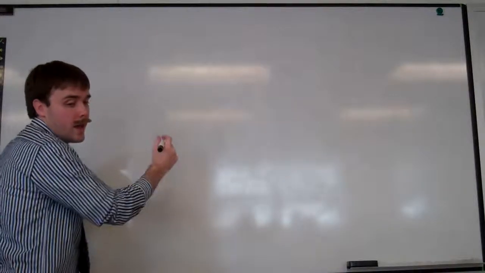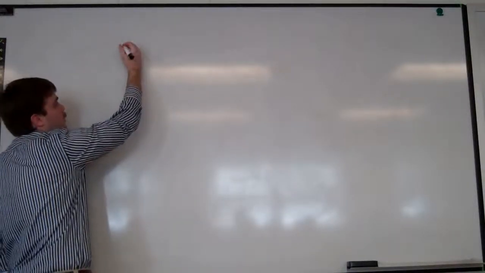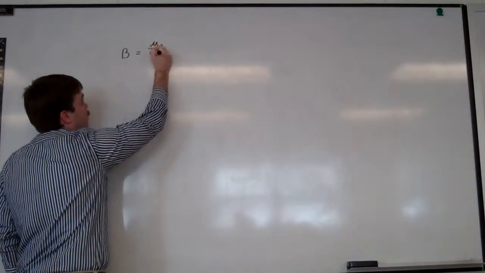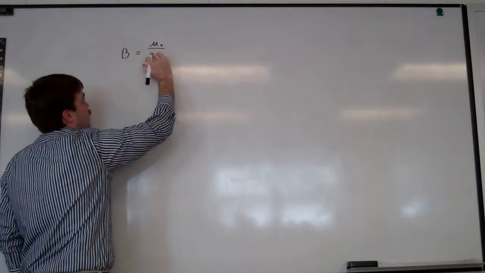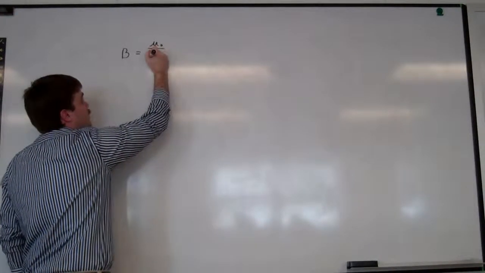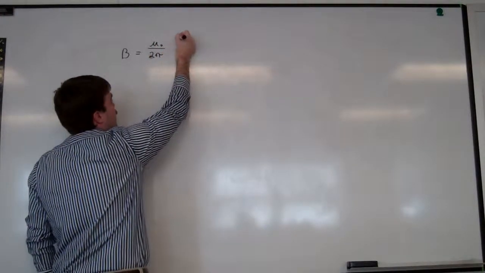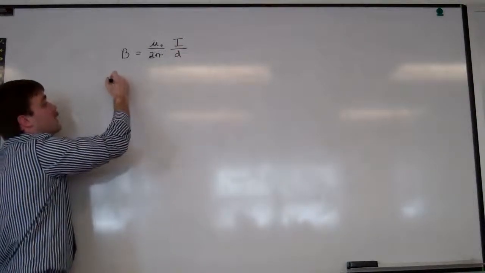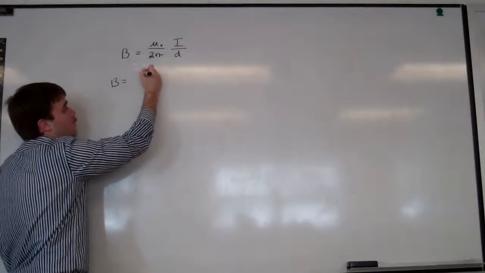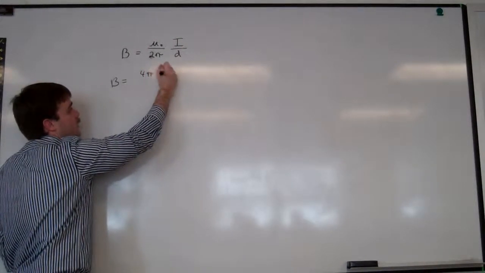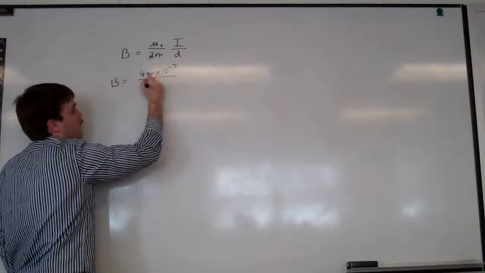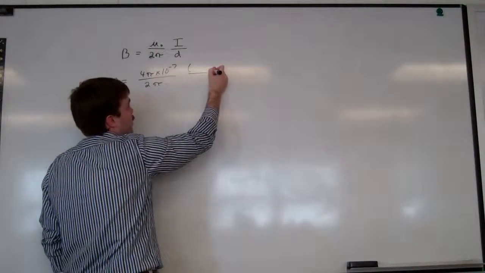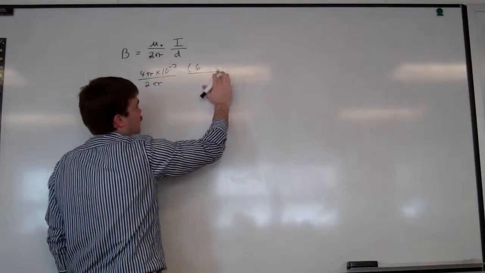Alright, so to find the magnetic field due to a wire, we do magnetic field equals mu naught over 2 pi times I over D. So B equals 4 pi times 10 to the negative 7th, over 2 pi, times current, which we said is 6.1 amps.